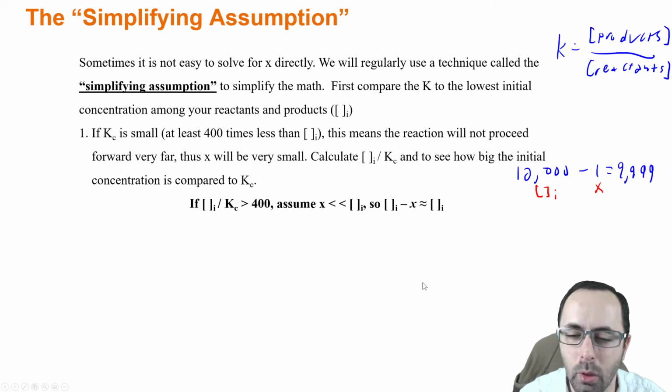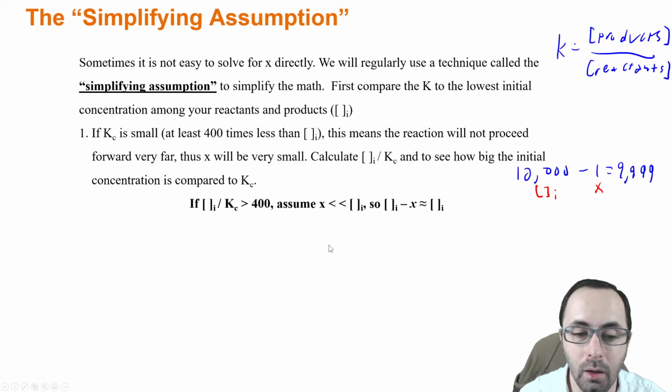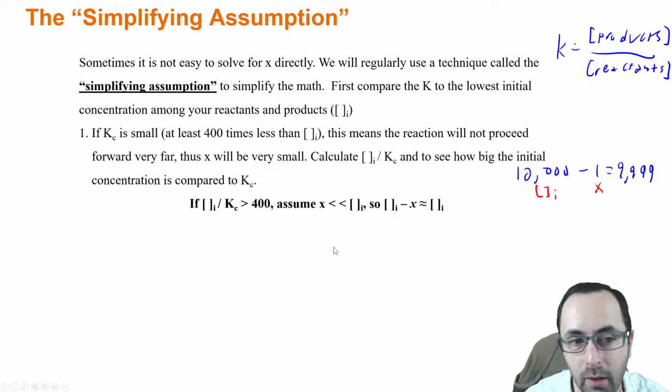But afterwards, we do want to make sure that our assumption was indeed valid. So this is a pre-check to see if we should even try to use the simplifying assumption. If this pre-check fails, chances are there's just going to be too much error involved in using the simplifying assumption, and we'll have to solve for x, probably using the quadratic equation.